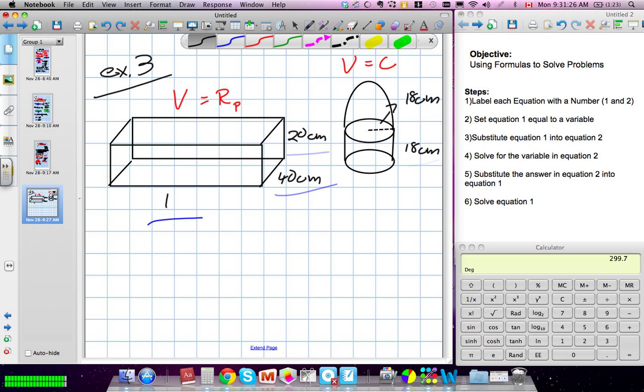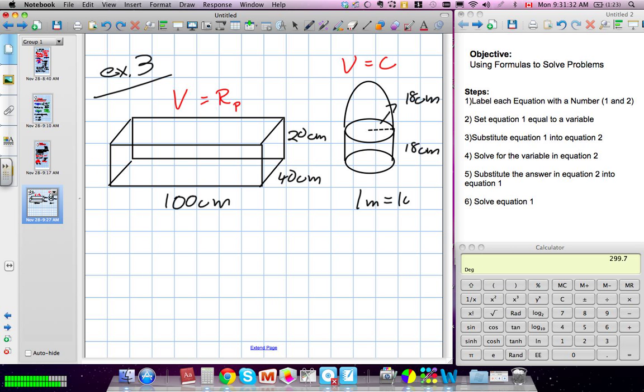So first of all, the volume of our rectangular prism is the base times the height times the depth, or length times width times height, whatever you want to call it. So this will be our base, our height, and our depth.